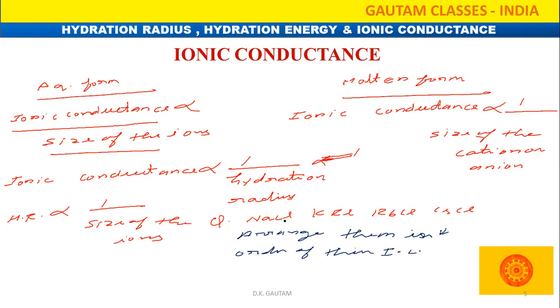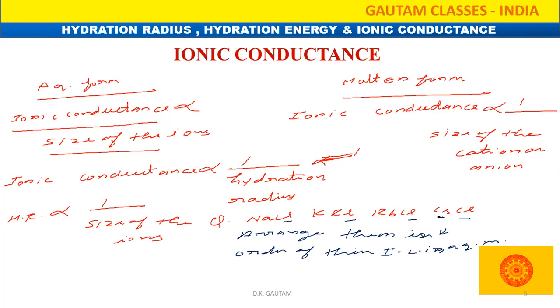Look, everything is common here. Chlorine is common. Only the cationic form is changing. Here the question is asking about aqueous medium, so arrange them in decreasing order of ionic conductance in aqueous medium. Which one has the highest cationic size?